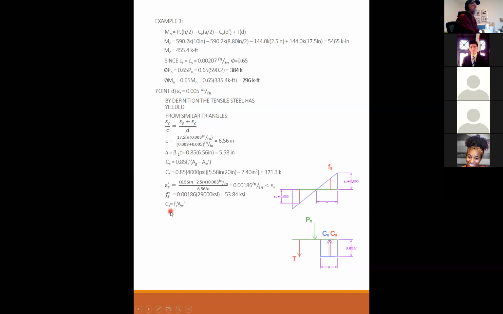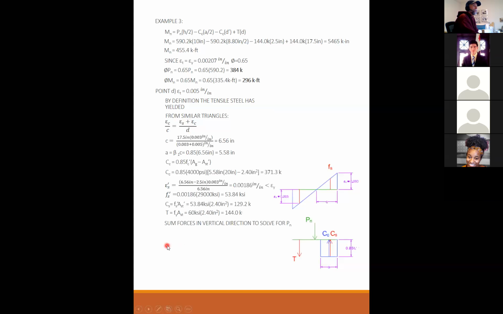So the compression in the compression steel is 53.84 times 2.4 inches, 129.2 kips. T, now Fy has clearly yielded because it's at 0.005. So we have 60 times 2.4 is 144 kips.